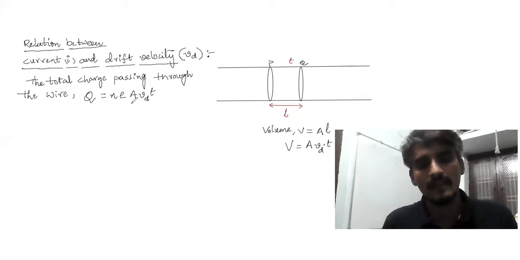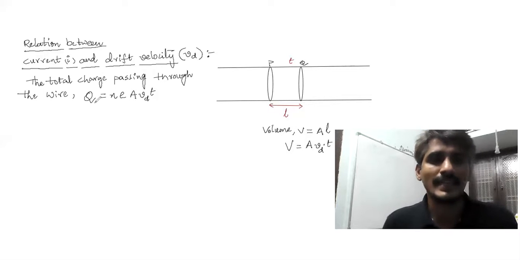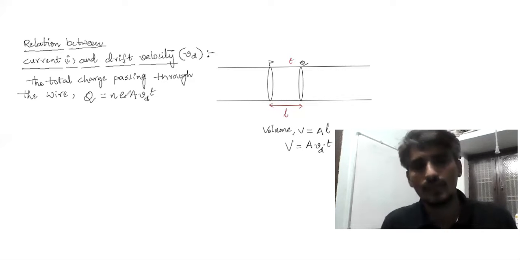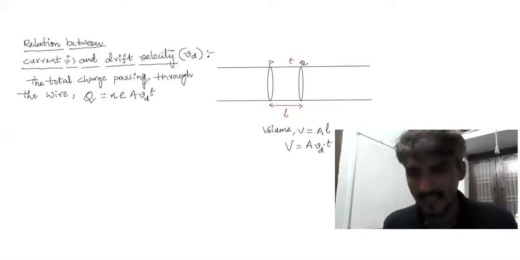Per unit volume we have to consider, so that's why we consider Q is equal to N E into the total volume. That will give you the total amount of charge which is passing through. Here, only one electron will not be there inside the conductor.